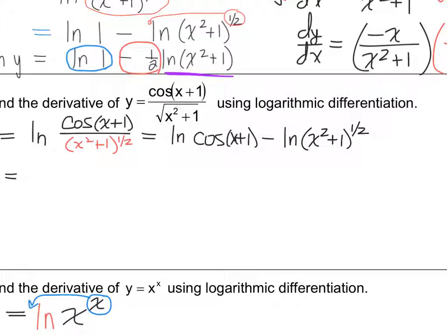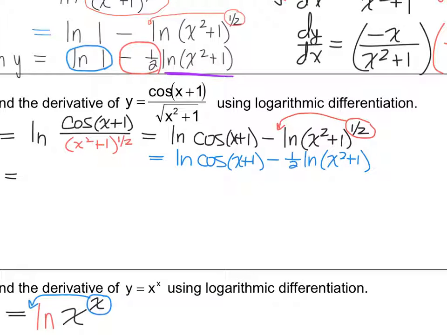We also know that powers become coefficients, right? So this would be equivalent, I'll just kind of tuck it in here, to ln cosine of x plus 1 minus 1/2 ln x squared plus 1.